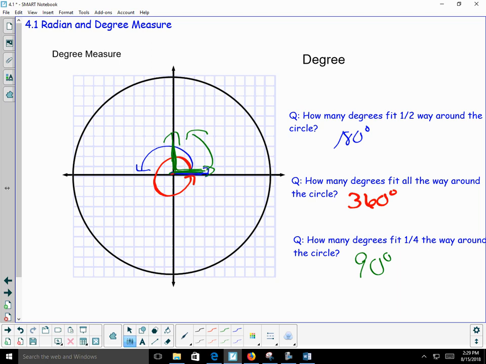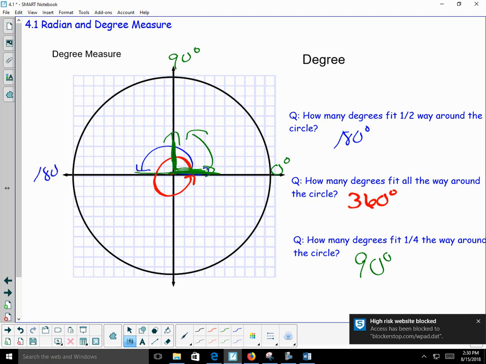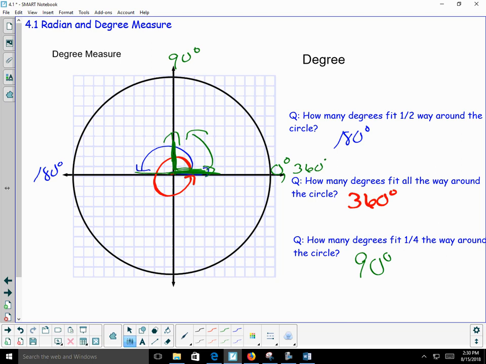If I had an initial side here and a terminal side right on top of it, that would be 0 degrees. This angle was 90 degrees, this angle here was 180 degrees, and going all the way around the circle was 360 degrees.